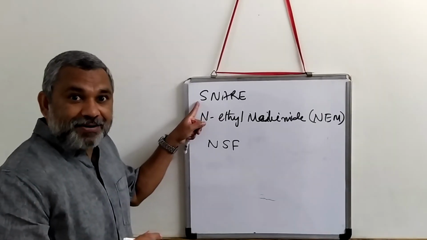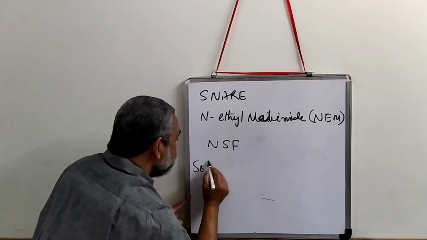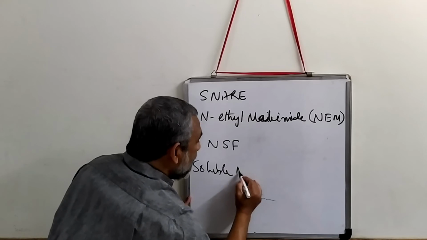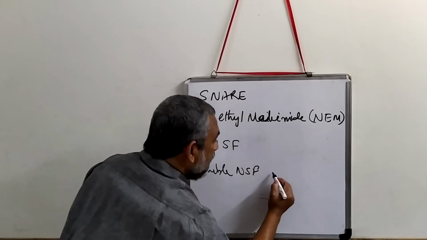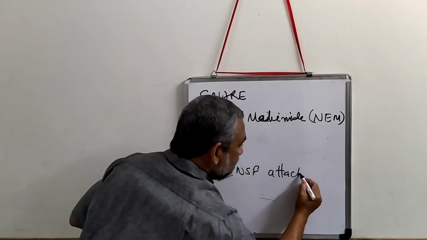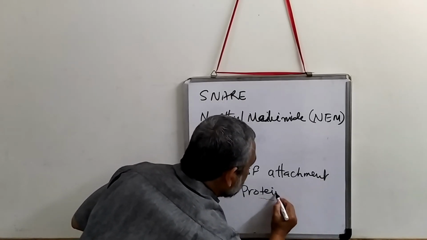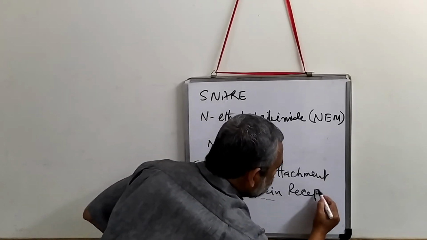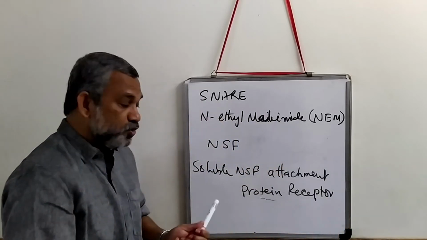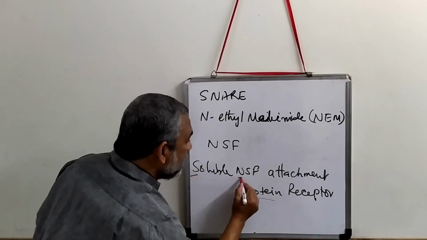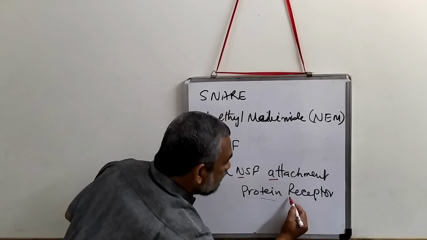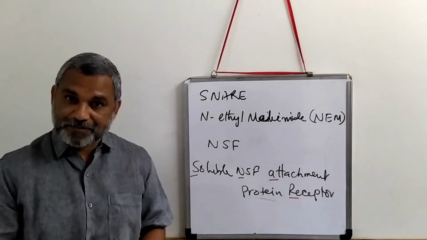What is the SNARE? SNARE is nothing but soluble NSF attachment protein receptor. That is what SNARE is.